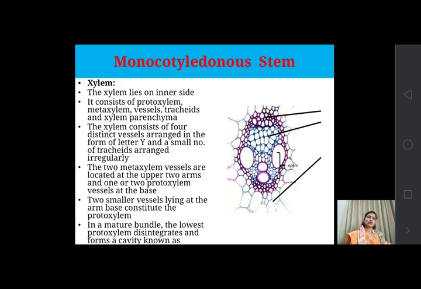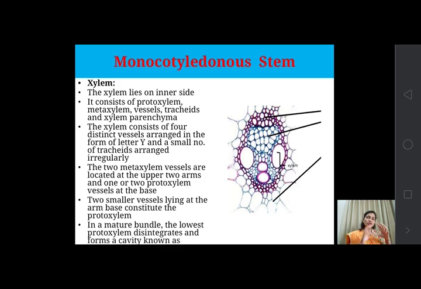Okay, so the two metaxylem vessels are located at the upper two arms, that is the two large vessels facing towards the upward region, and the two protoxylem are facing towards the central region. So the two metaxylem vessels are located at the upper two arms, and one or two protoxylem vessels at the base region. The two smaller vessels lying at the arm base constitute the protoxylem, and the larger vessels are known as the metaxylem.